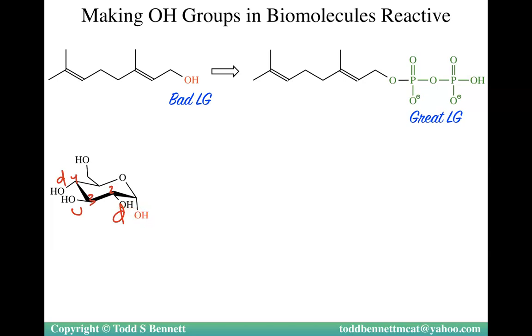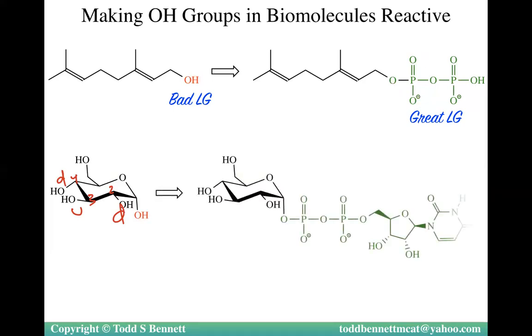Not a very good leaving group, but because it's on a carbon with two bonds to O, it's a little more reactive. I can turn this OH into a good leaving group, just like I did here with a bad leaving group, and turn it into pyrophosphate. This one has the same pyrophosphate for energetic powering, but it also comes complete with a little more molecule dangling on the end. So I take it from a bad leaving group, biologically, and it now becomes a great leaving group.